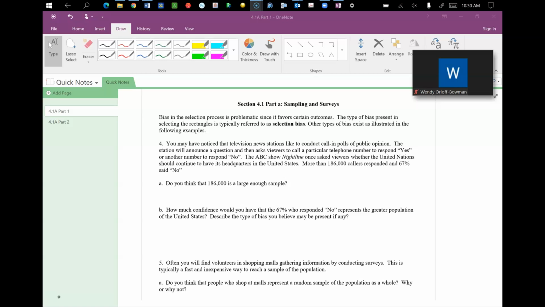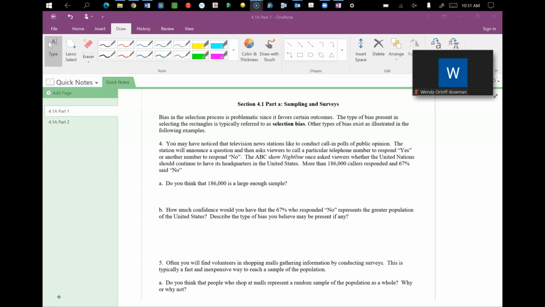How much confidence would you have that 67% who responded no represent the greater population of the United States? Describe the type of bias you believe may be present, if any. Well, there might be a couple of types of bias going on here. One of them would be a selection bias because the producers of the show Nightline are only selecting people to ask that question that are viewing the show.